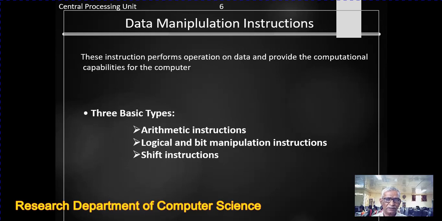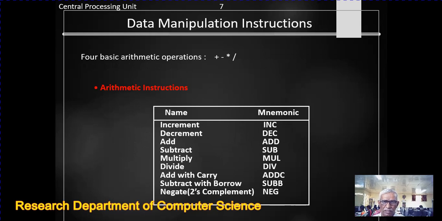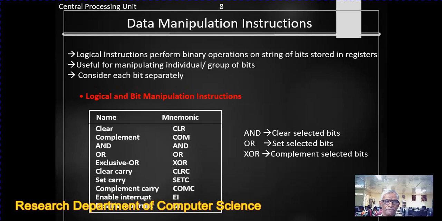In arithmetic instructions, only arithmetic operators are considered. In logical and bit manipulation instructions, only logical and bit manipulation operations are considered. Shift means moving from one place to another. These are examples for arithmetic, logical and shift operations.